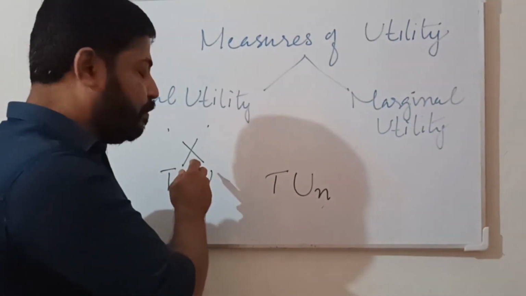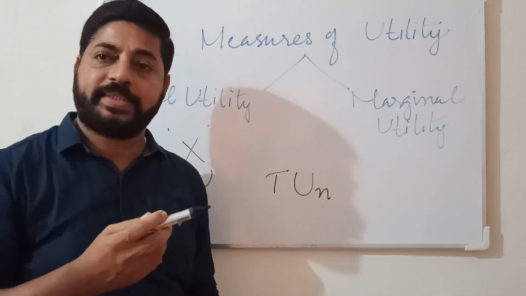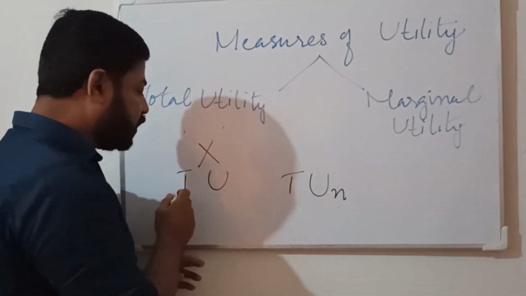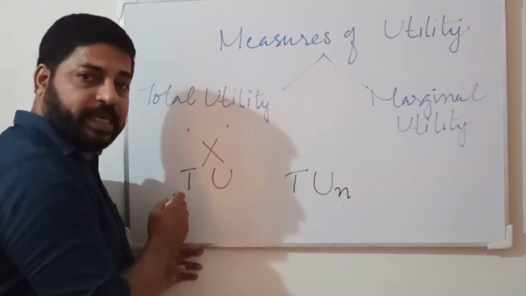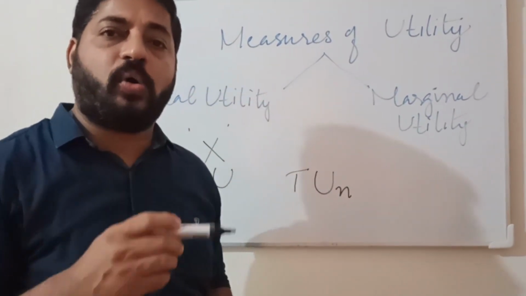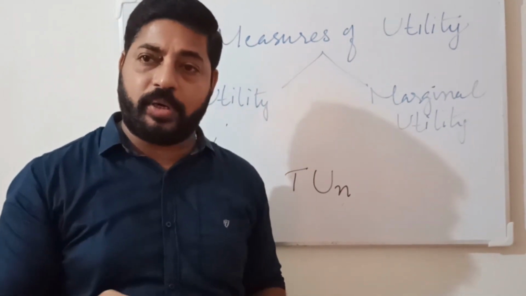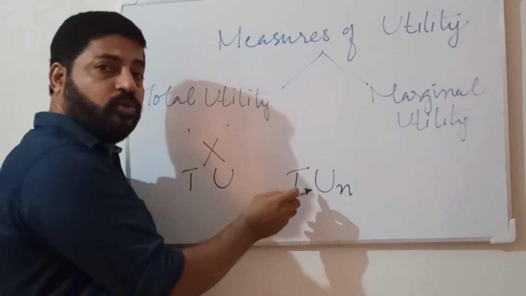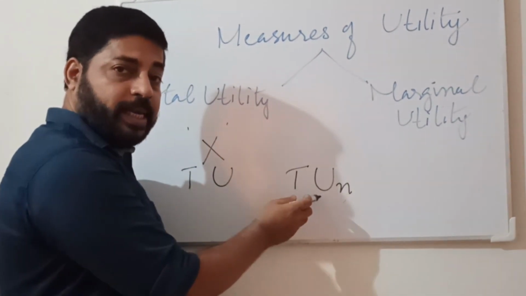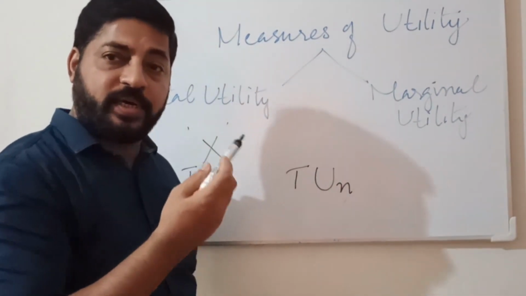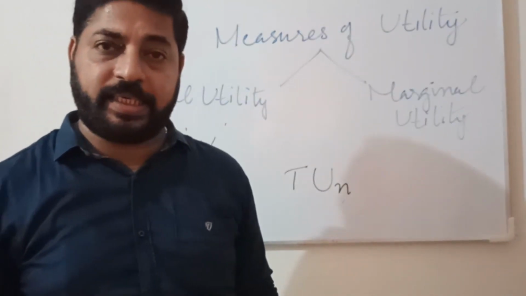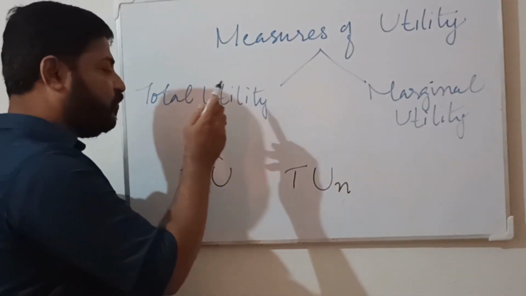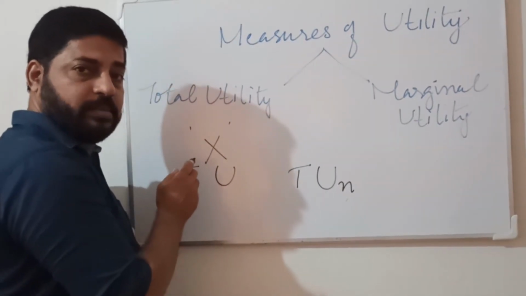More of commodity X provides more satisfaction to the consumer. Total utility, that is TU, depends on the quantity of the commodity consumed. Therefore, total utility N, TUN, refers to the total utility derived from consuming n units of commodity X.